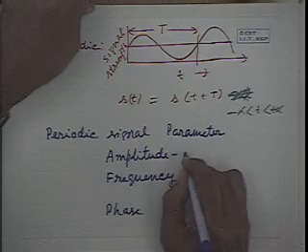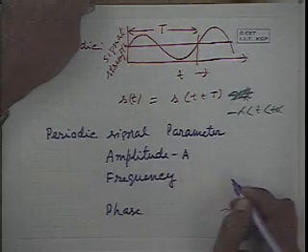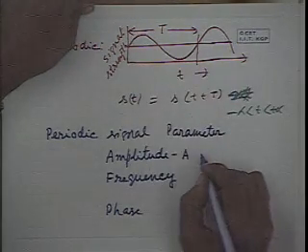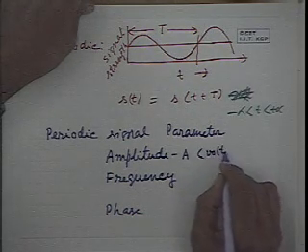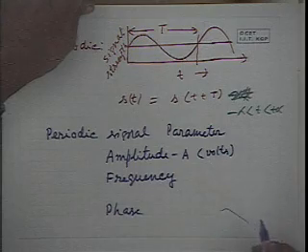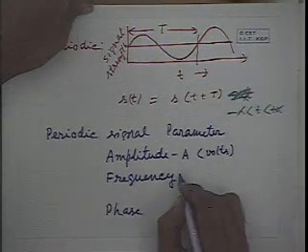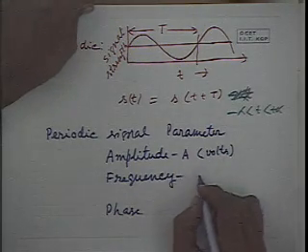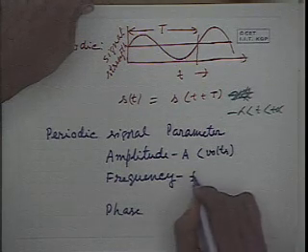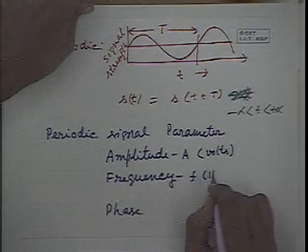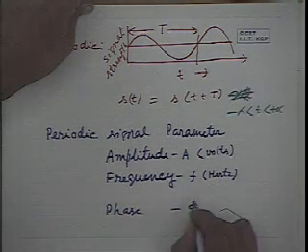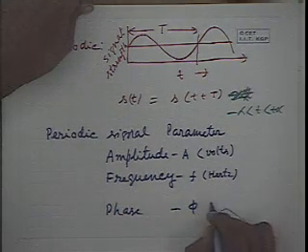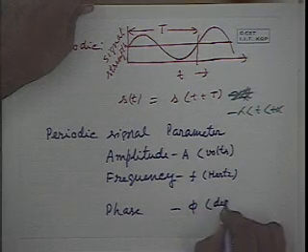Amplitude is represented as A. Whenever it is an electrical voltage, the unit can be volts. The frequency can be represented by f, unit is hertz. The phase can be represented by phi, where the unit is degree.